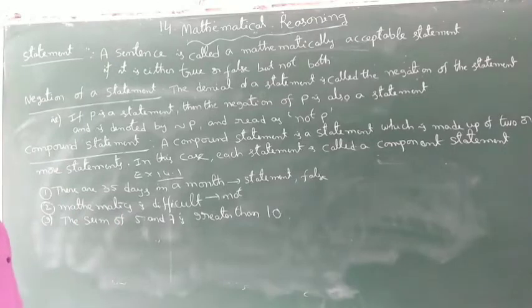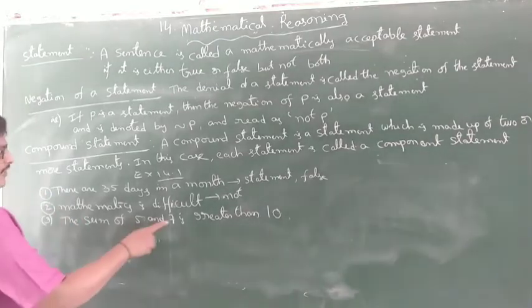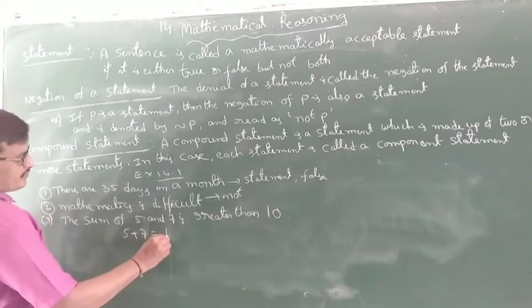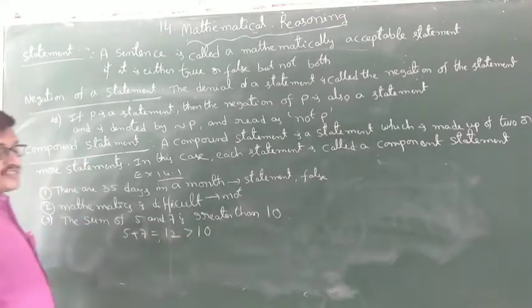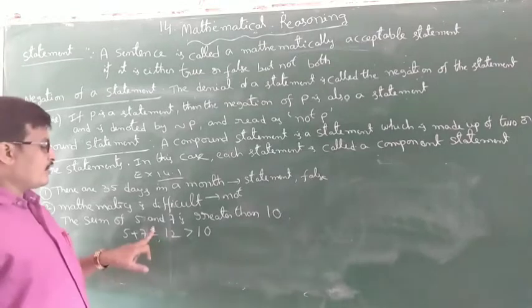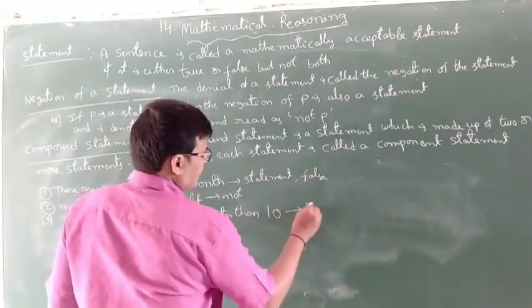This is a statement, because whether it is true or false is not important. The sum of 5 plus 7 is equal to 12. 12 is greater than 10. So this is a statement.